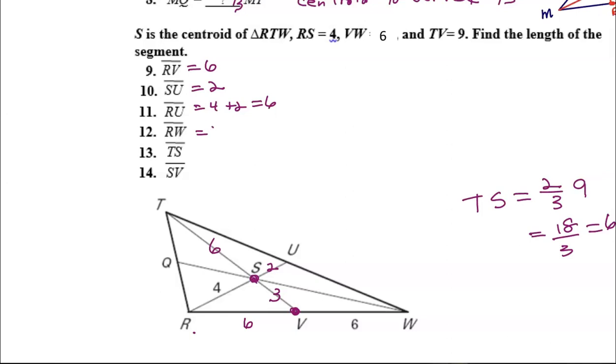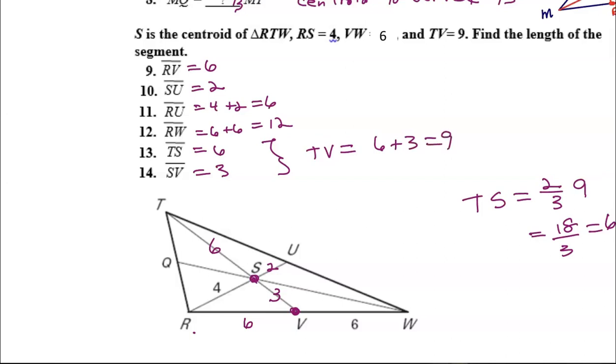RW is going to be 6 plus 6, and that's 12. How about TS? TS I wrote down as 6. And how about SV? That is 3. How come? Because I knew that TV equaled 6 plus 3, which was 9.